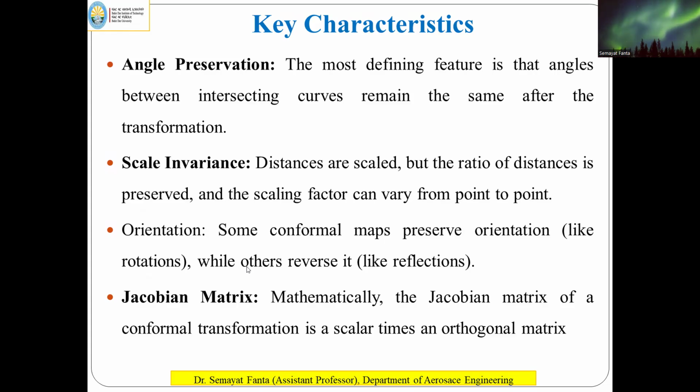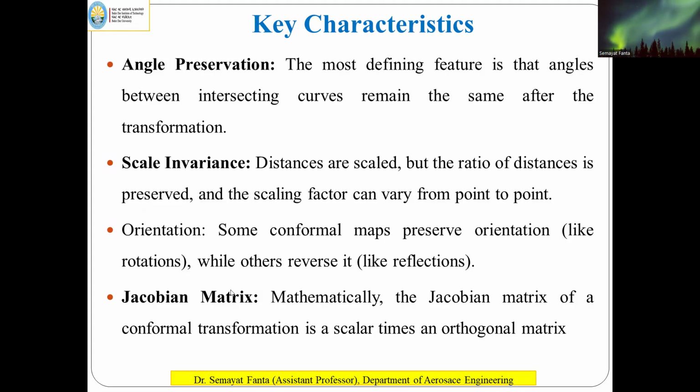The distances are scaled, but the ratio of distances is preserved, and the scaling factor can vary from point to point, which is called scale invariance. Some conformal mappings preserve orientation, like rotation, while others reverse it, like reflections. The Jacobian matrix of a conformal transformation is a scale times an orthogonal matrix.